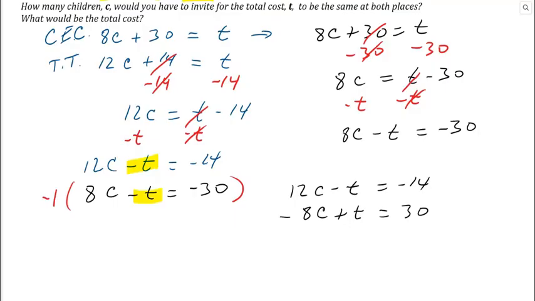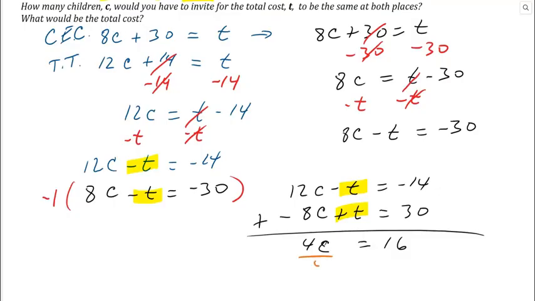So now the next step would be to combine those two equations, because now I can get rid of the T variable. When I combine these, positive 12 and negative 8, I get 4C equals negative 14 combined with positive 30, that is 16.